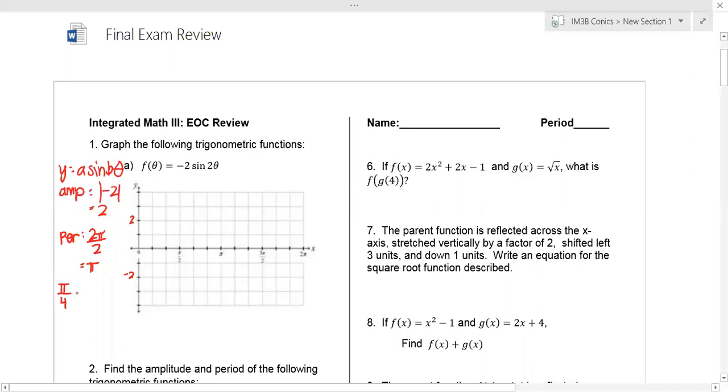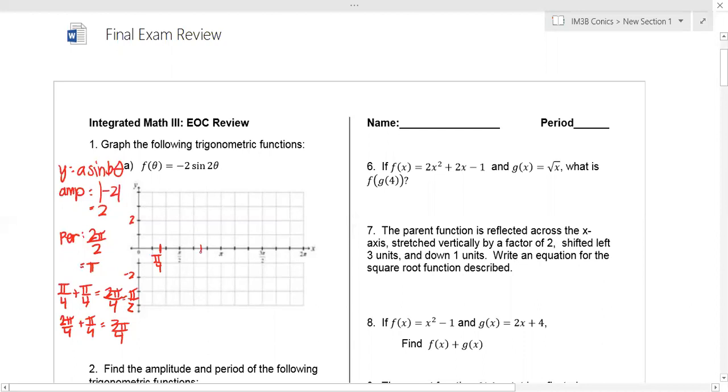And then we'd take pi over 4 and we'd add pi over 4 to it to get the next value, which gives us 2 pi over 4, which is pi over 2. So notice that we have pi over 2 already on this graph, and pi. That means let's make a line here. Let's call that pi over 4. And we have pi over 2. So if we add another pi over 4 to 2 pi over 4, that gives us 3 pi over 4.